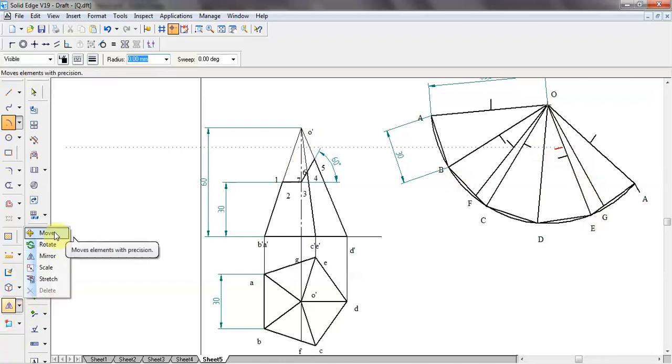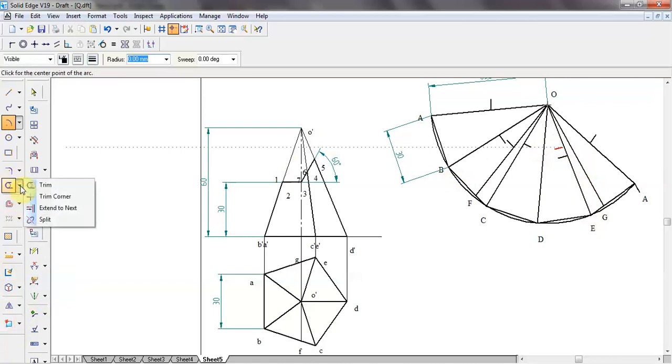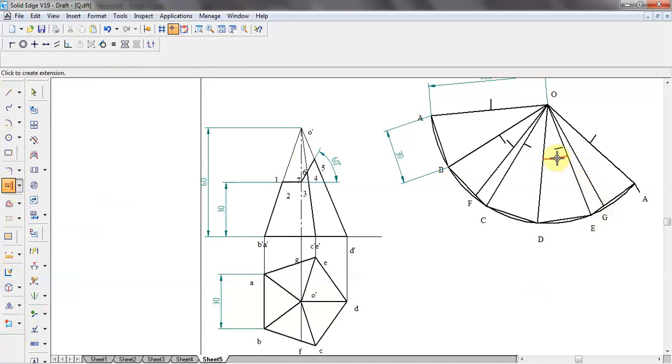I'll move it or extend this one. This I'll remove it. I'll mark it on the other side. This is 30.